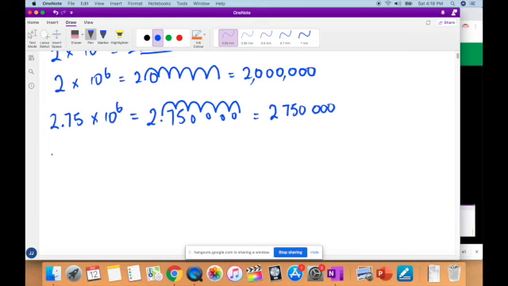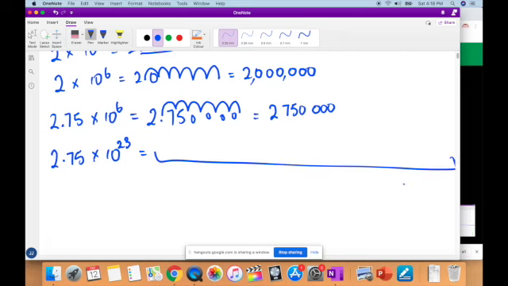What if I have 2.75 times 10 to the 23? Caitlin, what do I have to do there? Move the decimal point 23 times. Right, and I'm not going to do that because that number is going to be really, really long. Would you like me to do it, Caitlin?